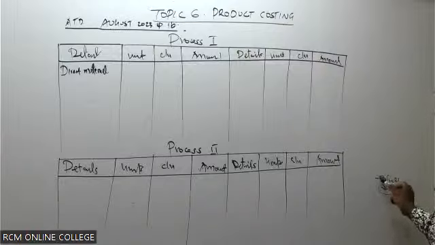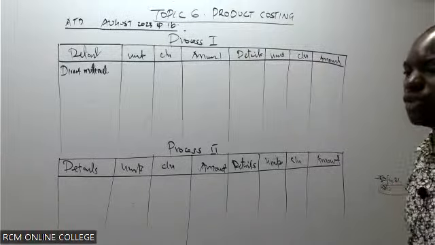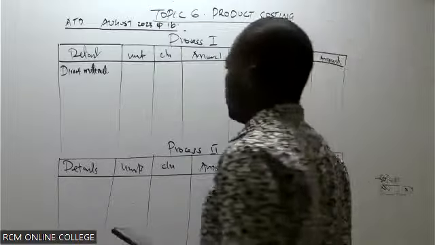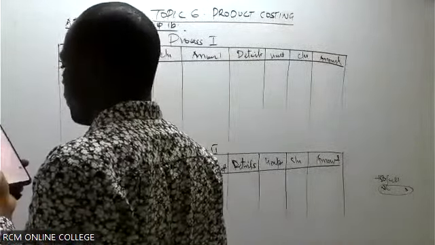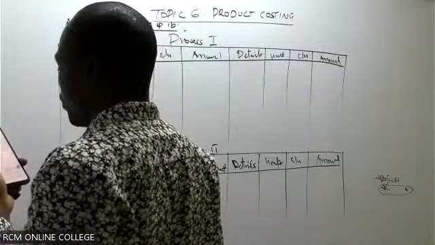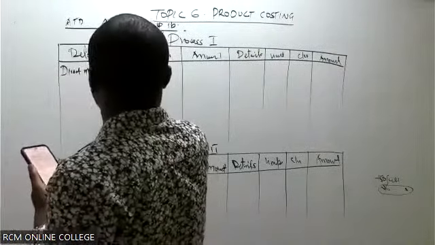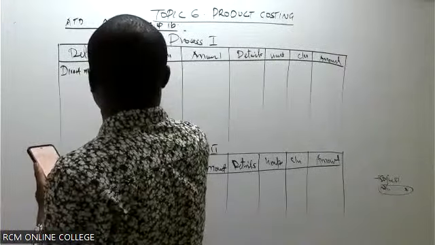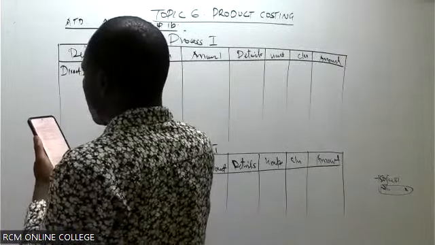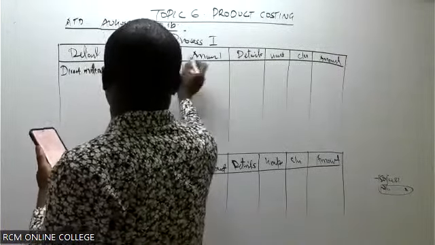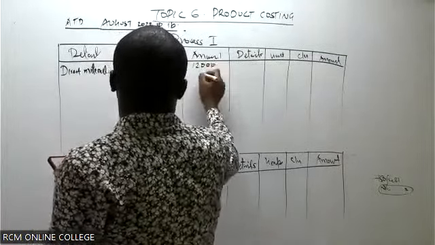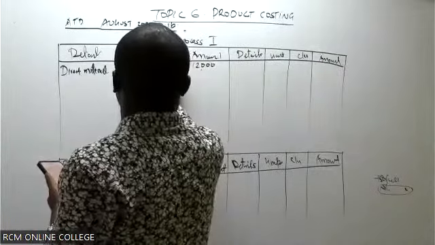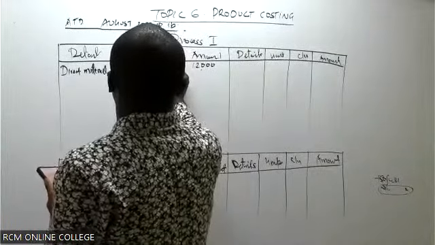The main raw material is the timber, which you're going to use in making up the table. So here also, we are able to see the direct material. We have been given the units of 6,000 and the cost is 12,000. Everything is in thousands. So the cost here is 12,000, which means we can get the cost per unit as 2.